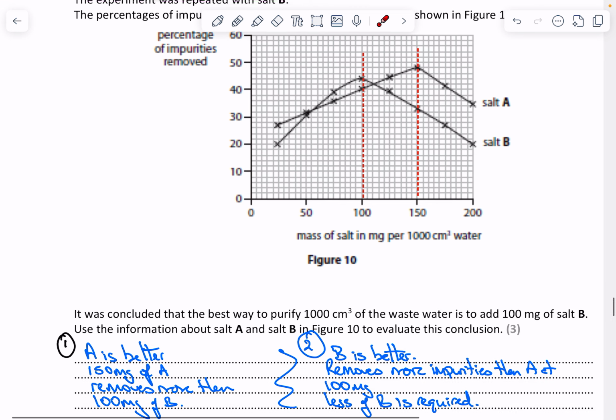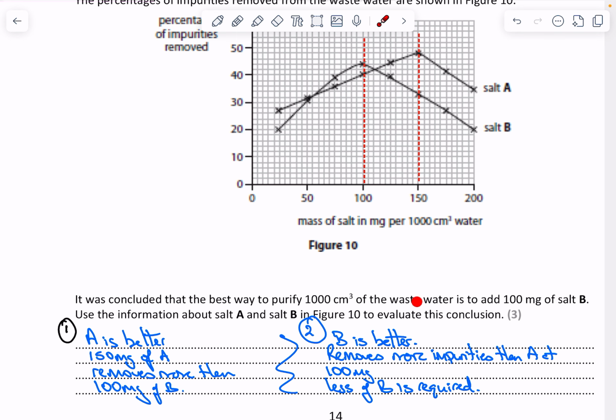So you can argue that B is better, as your conclusion states, because it removes more impurities than A when 100 milligrams is added, and therefore you need less of B required to be that effective.